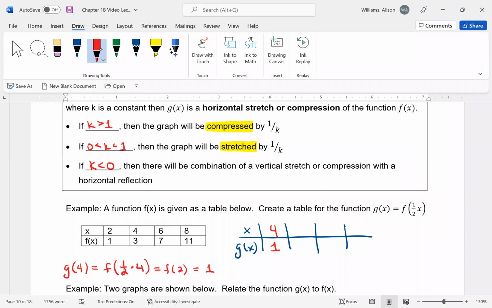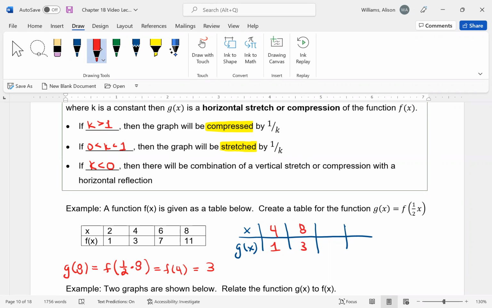So I want to do that one more time, and then we're going to use a pattern to finish. So in order to get out 3, okay, I need to plug in to do that. So f is going to give me 3 when it's a 4. So in order to get a 4, I have to put in 8. So g of 8 is going to produce 3.